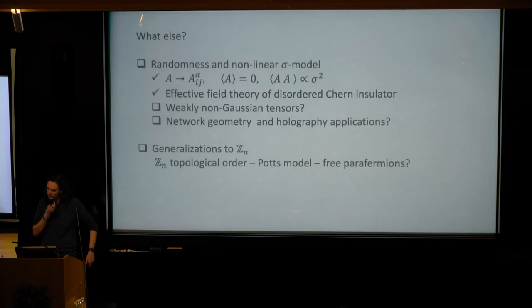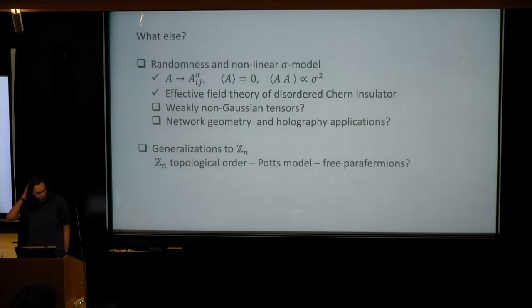So there are some further things to be done in the future, or some more things that have been done already. Let me start with the thing that I'm most interested in at the moment, which is the generalization to Zn.